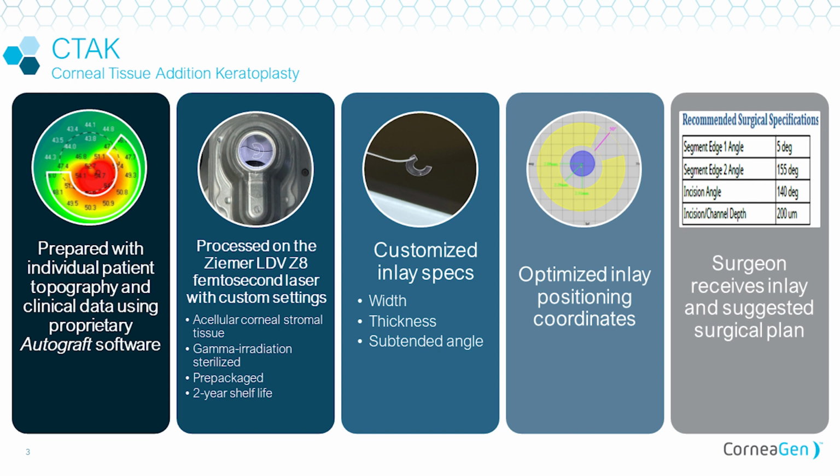And importantly, also using our software, we derive a surgical plan specifically for that patient. So you'll receive, as a surgeon, a surgical plan of exactly where to place this customized tissue in order to give you the best results.